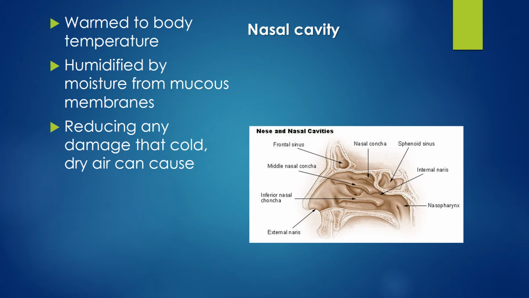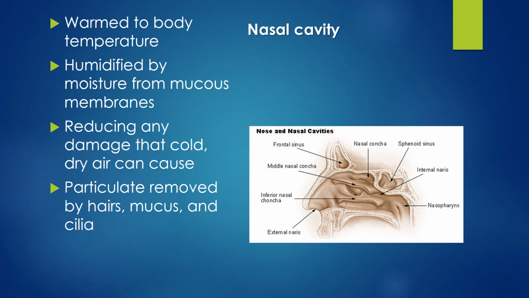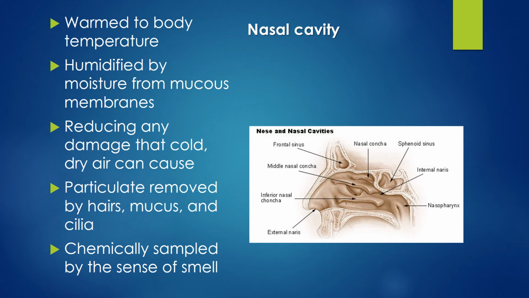These processes help equilibrate the air to the body conditions, reducing any damage that cold, dry air can cause. Particulate matter that is floating in the air is removed in the nasal passages by hairs, mucus, and cilia. Air is also chemically sampled by the sense of smell.